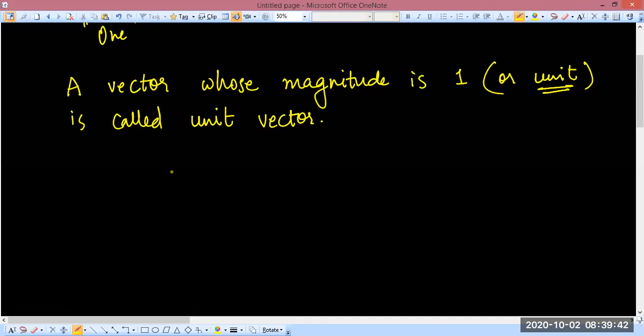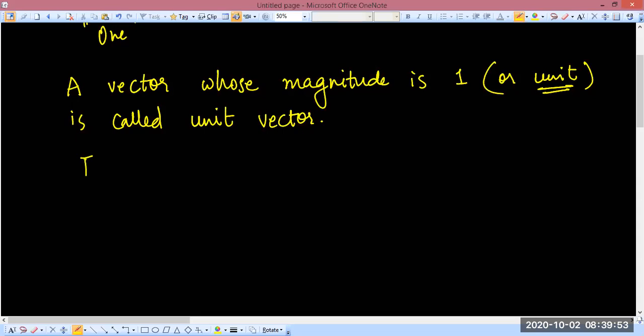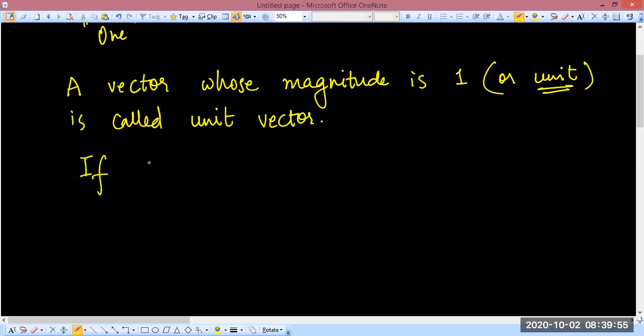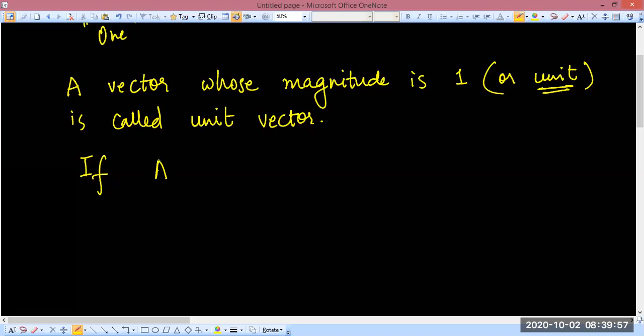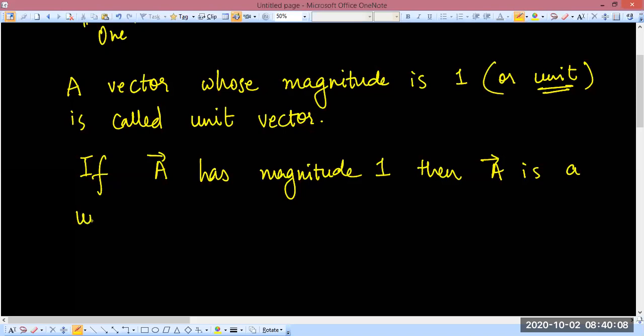Now think about this. Let's write it in symbol first of all. So if vector A has magnitude 1, then vector A is a unit vector.